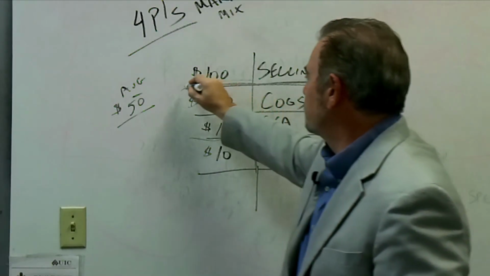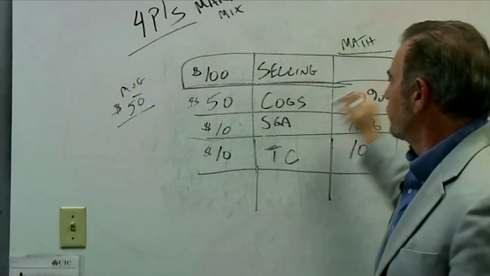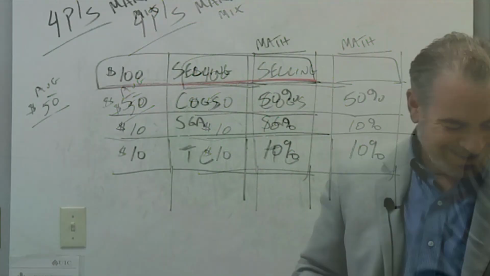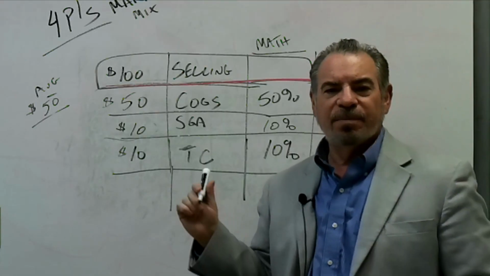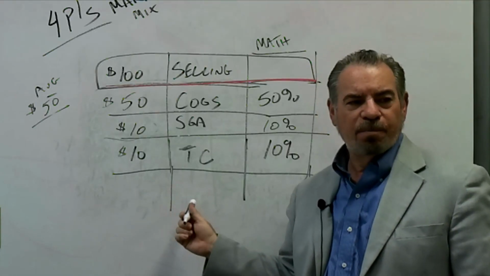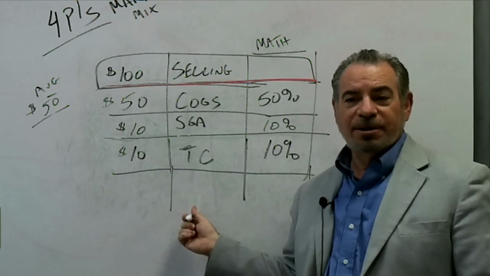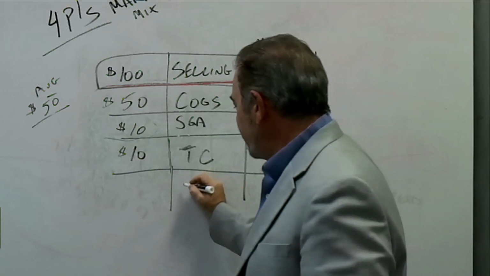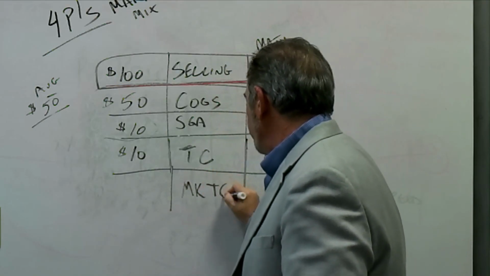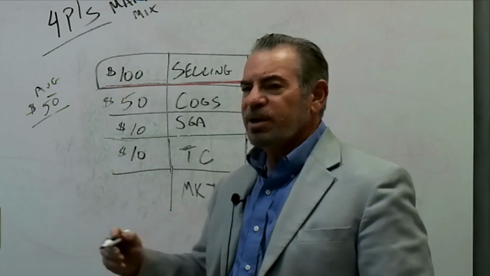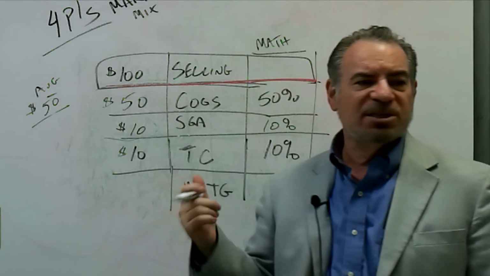Remember that this is where we started from up here. Now, what else do we need to account for? Marketing. I always put marketing separate because I want to know how much money it will cost me to market this particular product.